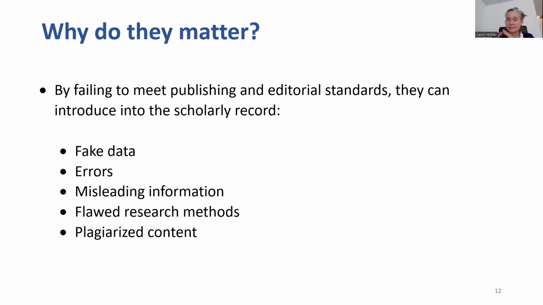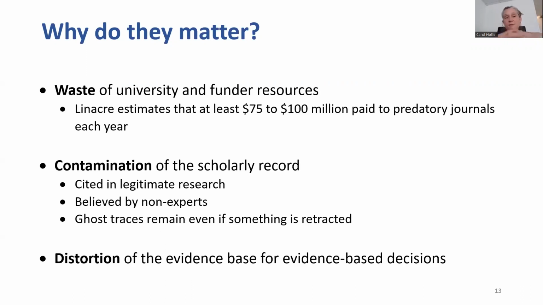And if we look at this in a broader way, then we can think of the waste of university and funding resources. So Lineker estimates that at least $75 to $100 million has been paid in the APCs to predatory journals every year. And there's this contamination of the scholarly record. So this bad research is being cited in legitimate research.